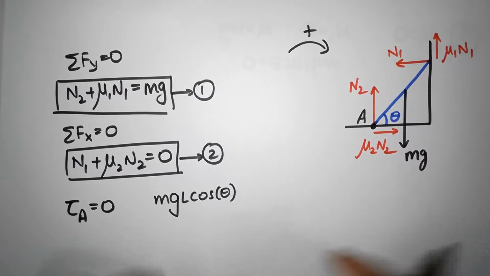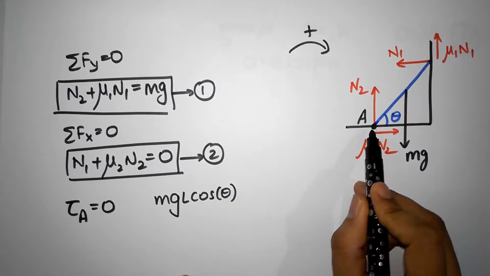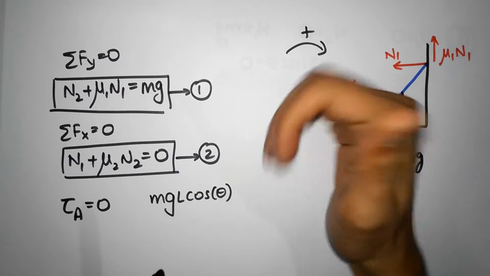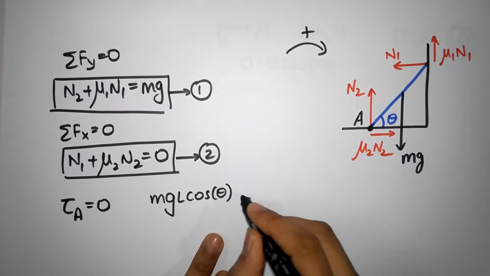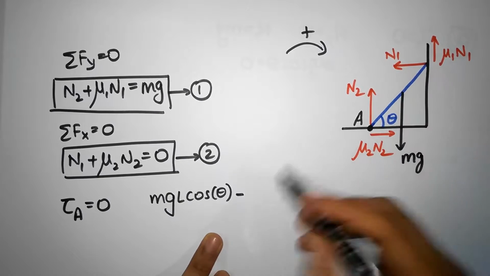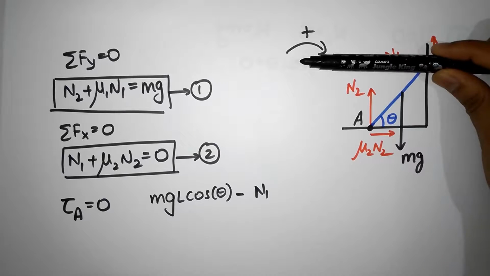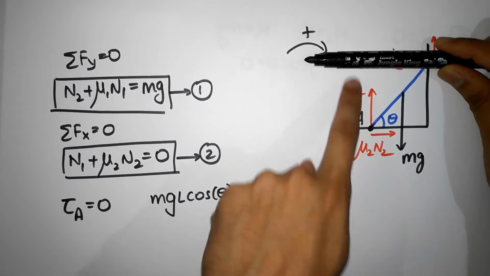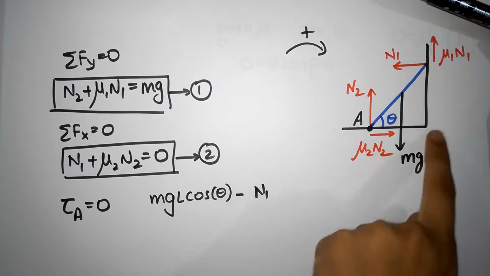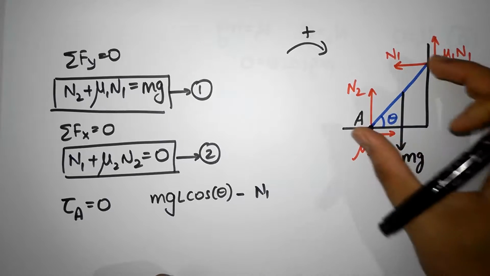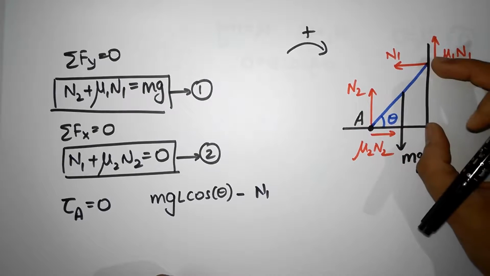Okay? Then, who else is going to produce a torque about A? This fellow, N1, is going to produce a torque this way, so that's going to be a negative sign. So it's going to be N1 multiplied by, look, this is the force, perpendicular distance is just this length, the length of the vertical wall, over here, this one. And that's going to be 2L sin theta, the opposite component.